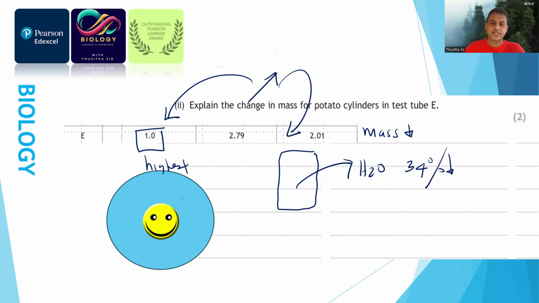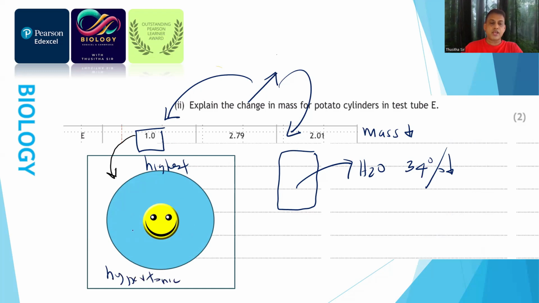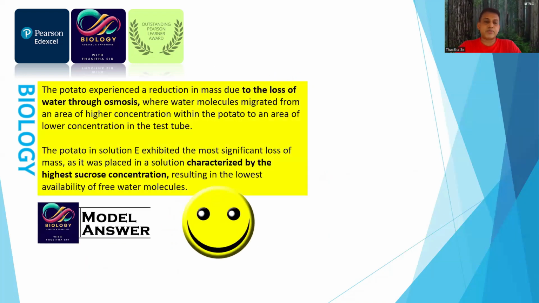That's a cell, that's a solution, and this is the highest concentration. So then water is going out, because this solution is hypertonic, and the water is going out by osmosis from high water potential to low water potential. Right, so this is my model answer.